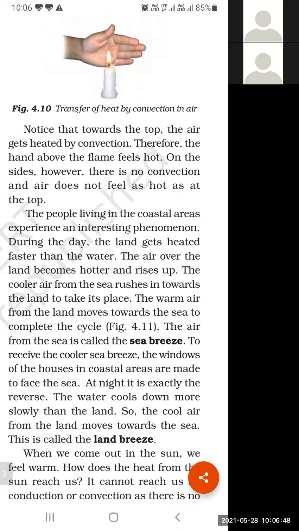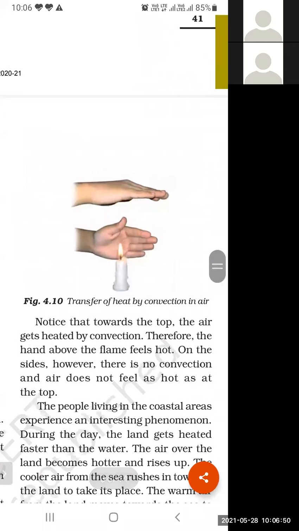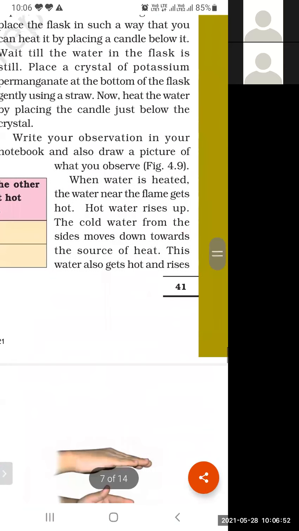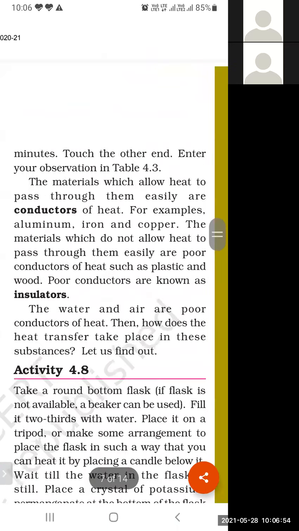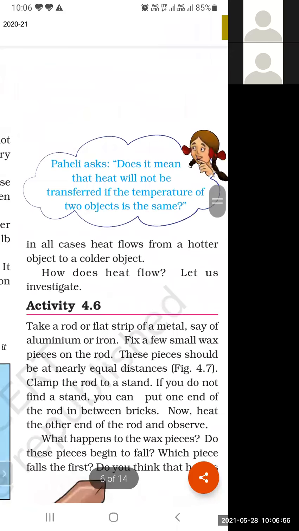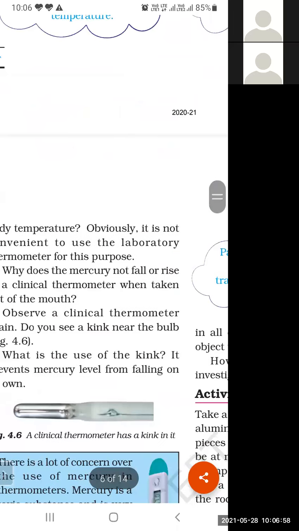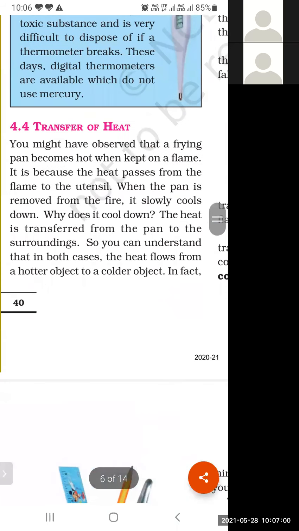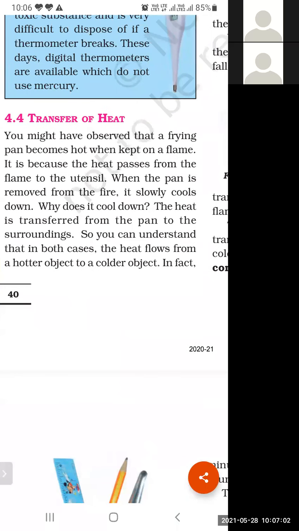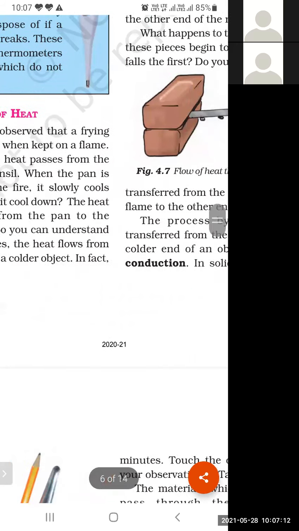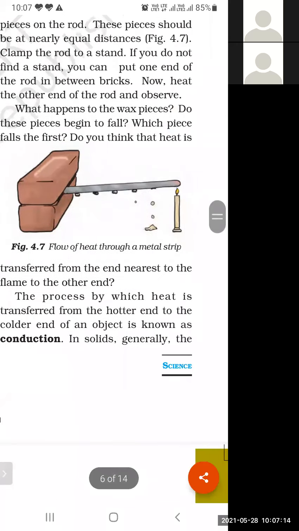So students, let's recapitulate this topic. A quick recap of what we have done today. We simply discussed heat transfer. What is heat transfer? Heat always flows from a body at higher temperature to a body at lower temperature, or we can simply say from a hotter object to a colder object.